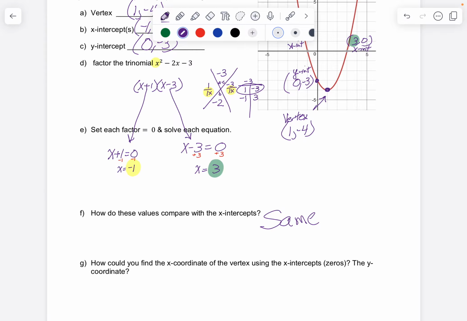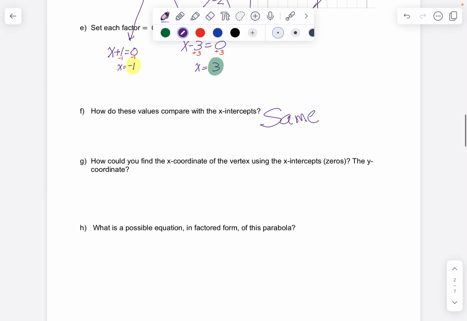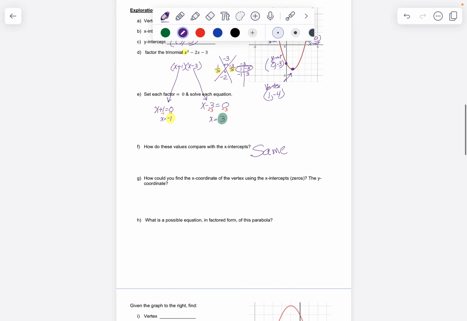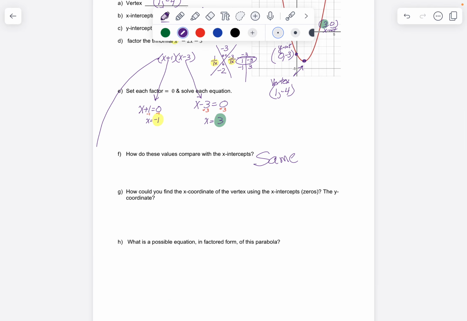Let's take a look at some more problems. Saying what is a possible equation in factored form? Well, we already did that. Up here, if we just rewrite it as y equals, that's going to be in factored form for that same equation that we already factored.